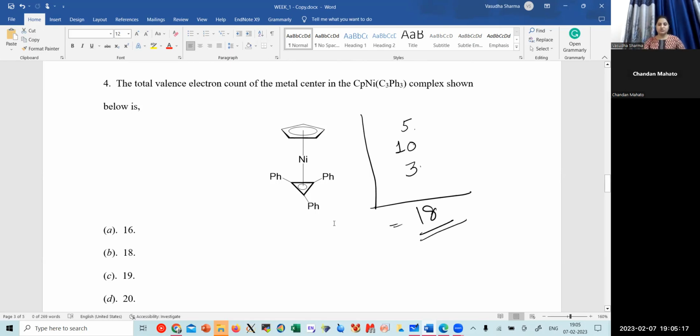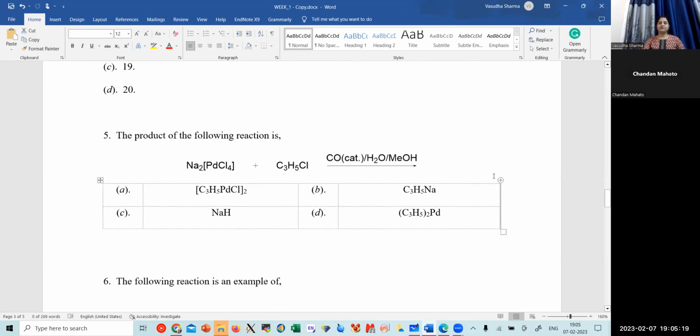All right, so now moving ahead, we have the fifth question, a reaction which needs some understanding. It has been asked that you have a palladium Cl4 with 2 sodium outside, so it becomes palladium Cl4 2 minus.